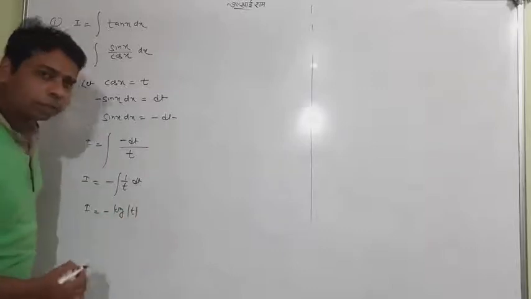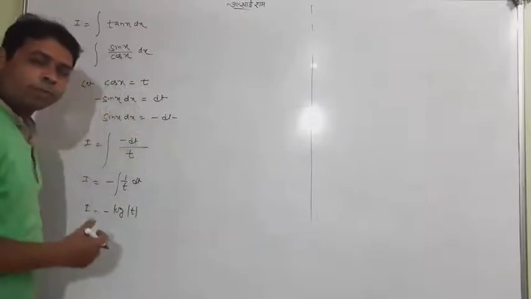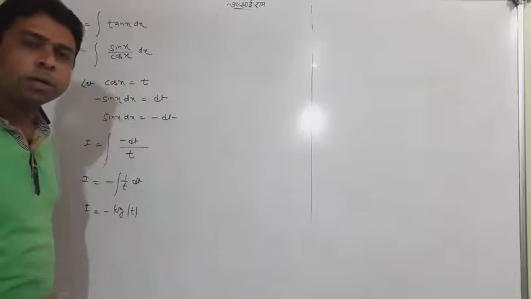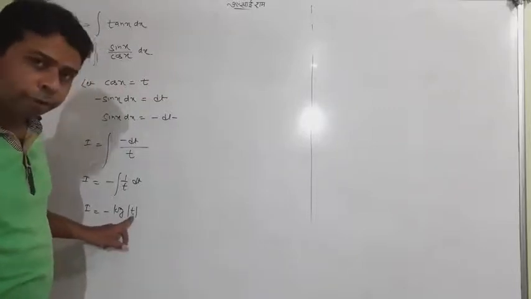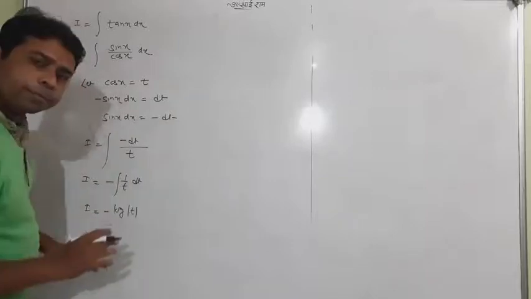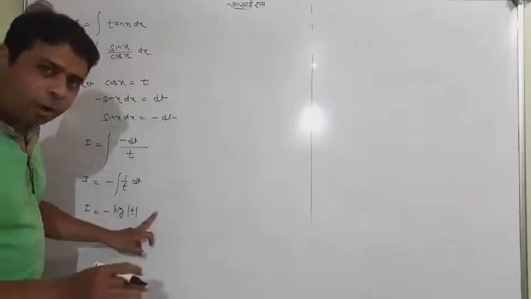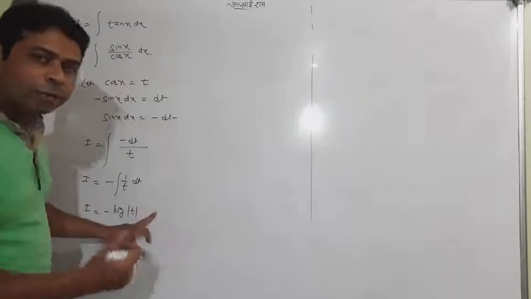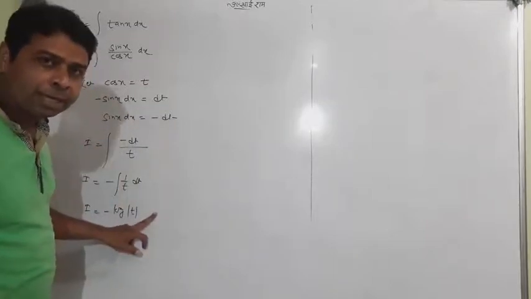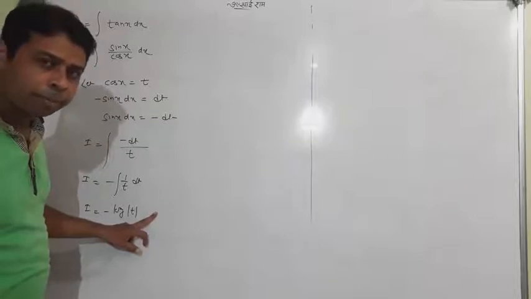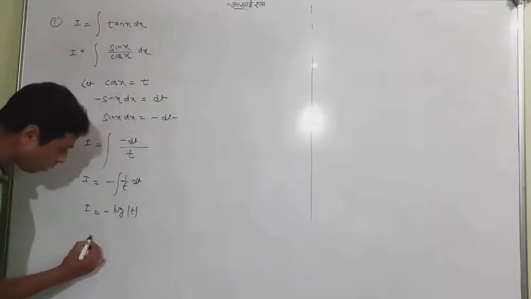I have written the mod because whenever we write log we used to take a mod, because it shows that this is a positive value. Now plus c: right now I am not writing it because I am actually deriving the formula. When we do the question, we definitely use c as the integrating constant, but this time I am not doing so.